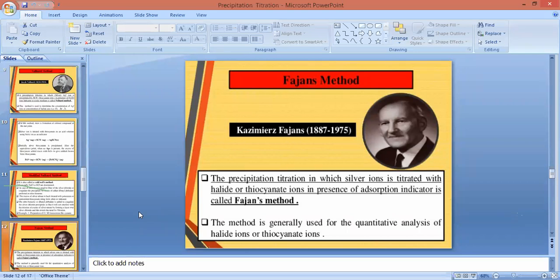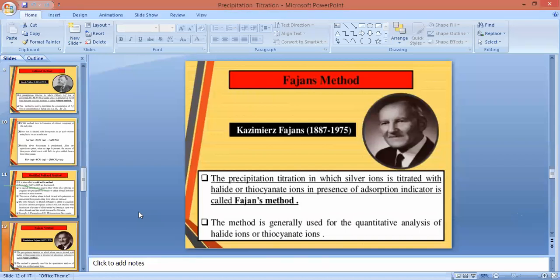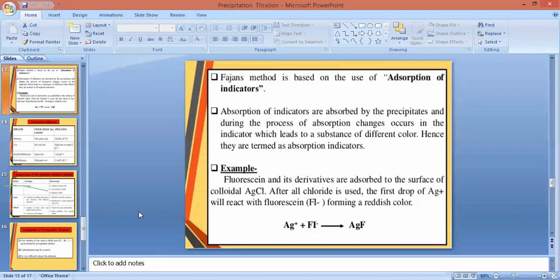In the Fajans method, we use either silver nitrate as a precipitating agent, or ammonium thiocyanate as a precipitating reagent that will form a precipitate with the halide ion. The halide may be chlorine, bromine, or iodine, and we use an adsorption indicator. This method is generally used for quantitative analysis of halide ions or thiocyanate ions.